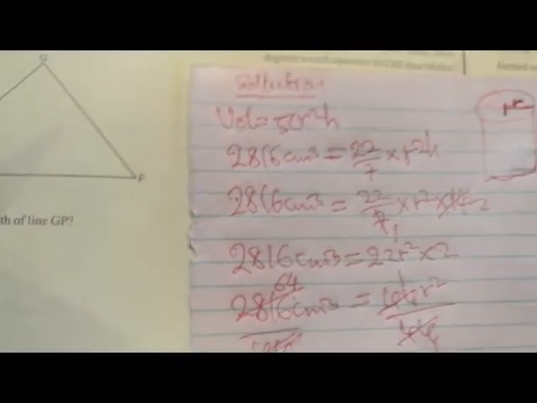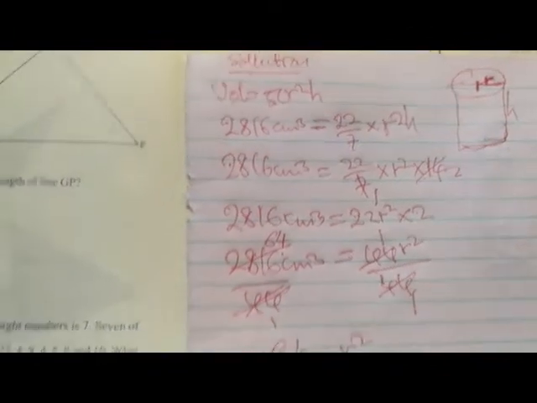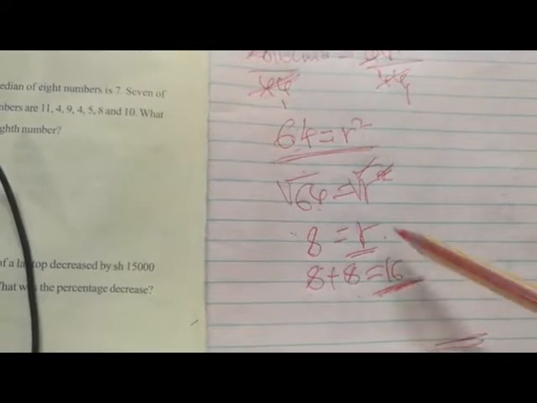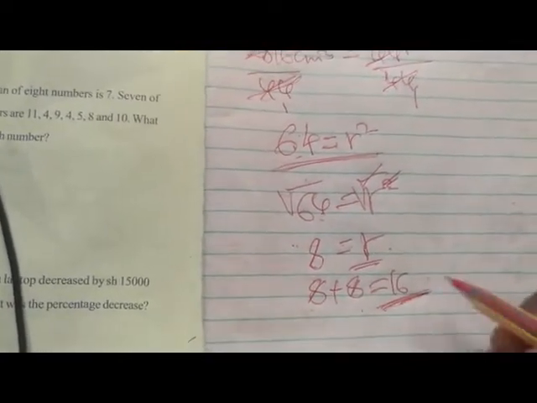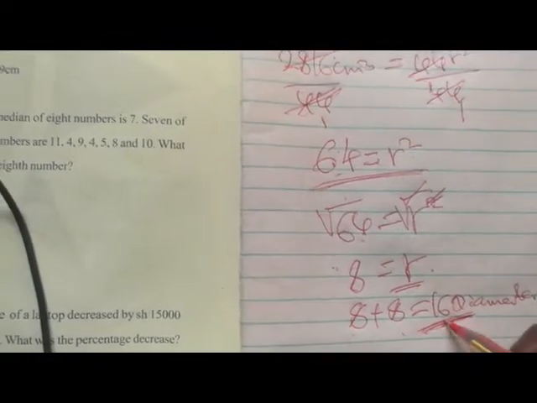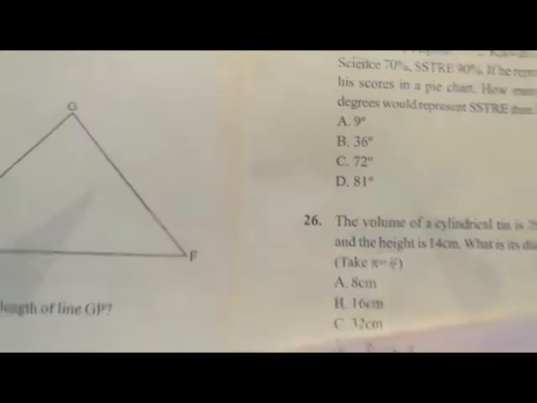R is 8, the diameter is 16, which is in option D. And that is the question that was asked.